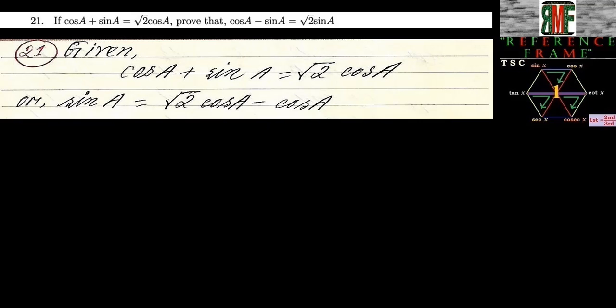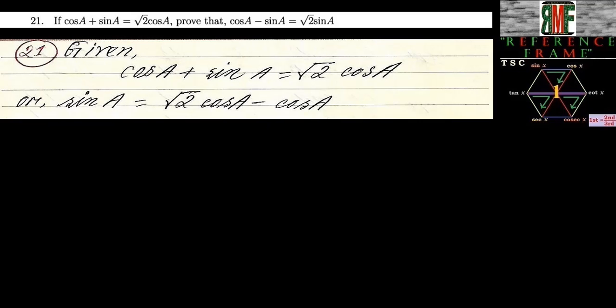Look, in the given question we have root 2 with cos A, but in our destination we need root 2 with sin A. Okay, so that means for doing so we need to keep sine apart from cos A. So we write down sine alone and the cosine term, or cos A, together. So by writing them, what are you gonna have?